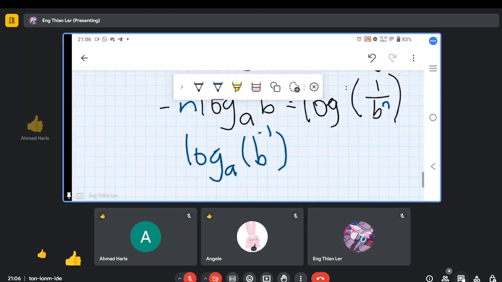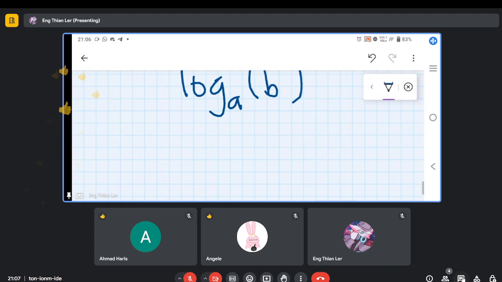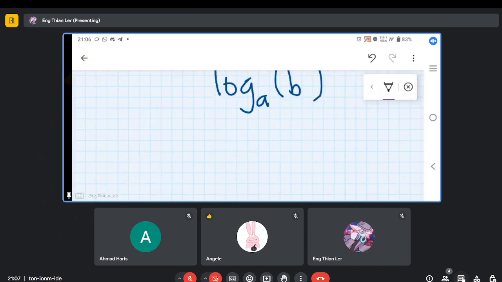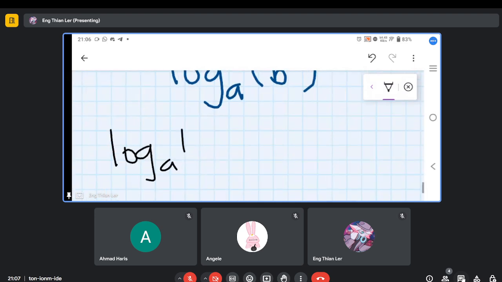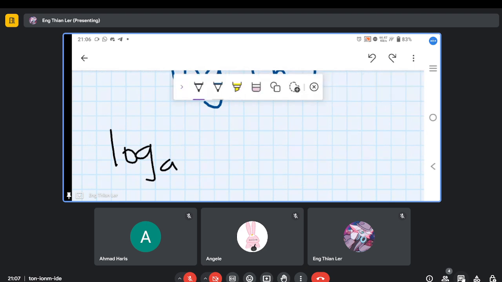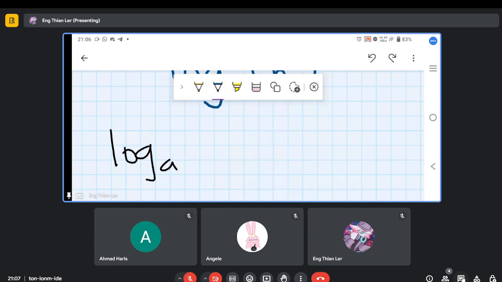Alright. That's another principle. Okay, another thing right here is log a base b is equal to, wait, I'm going to change different color first. I think black is kind of ugly. Red and blue is okay.